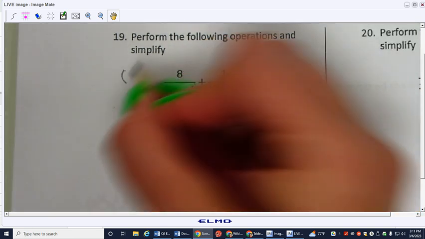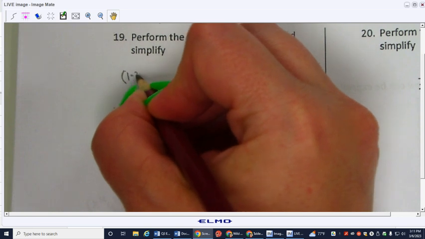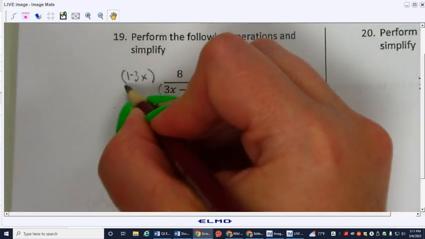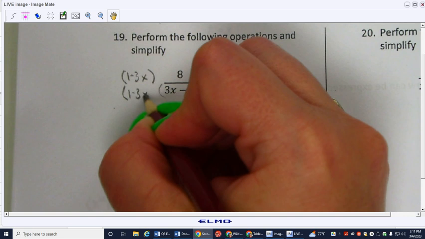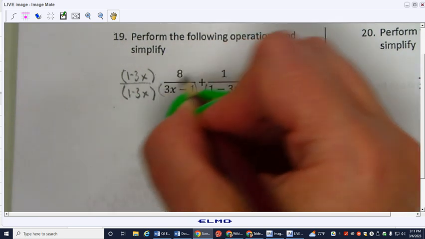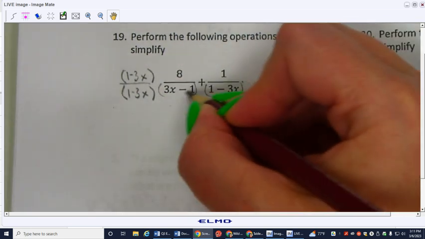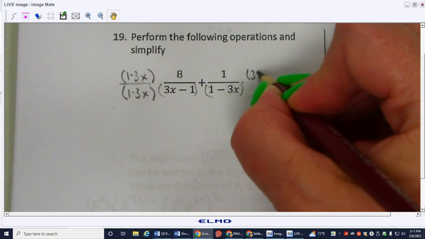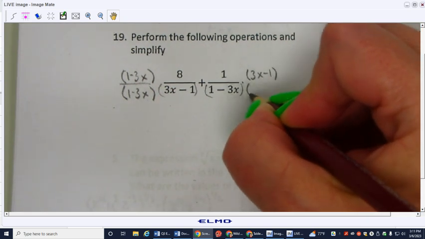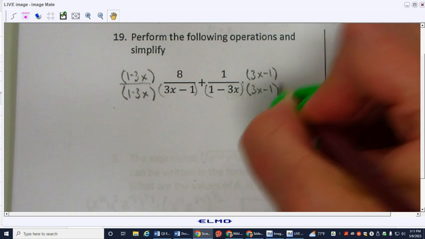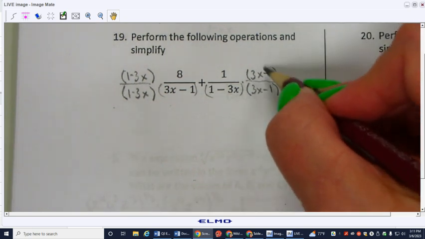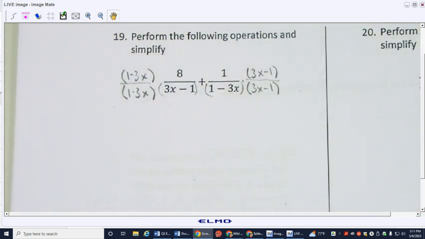So I'm going to do 8 times 1 minus 3x, so that I'm still multiplying by 1 and I'm not changing that fraction. And I'm going to multiply my second fraction by the denominator of the first, 3x minus 1. Again, I'm not changing the fraction because I'm multiplying by 1.